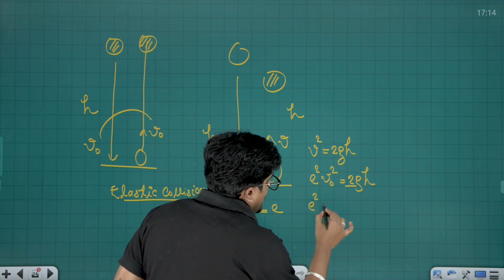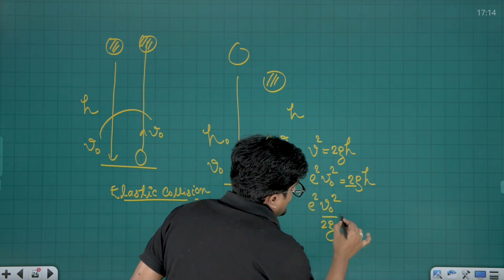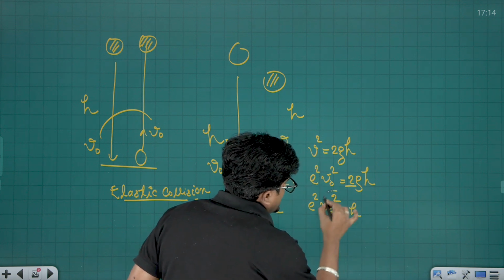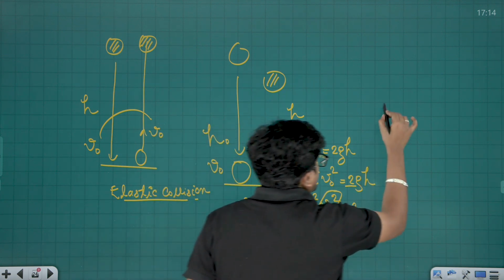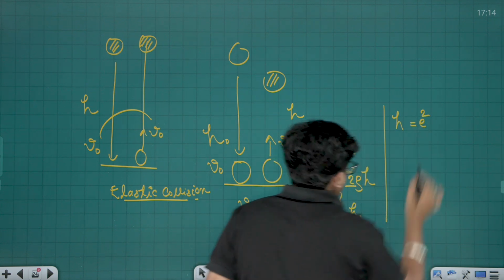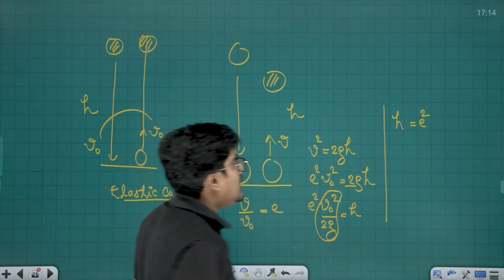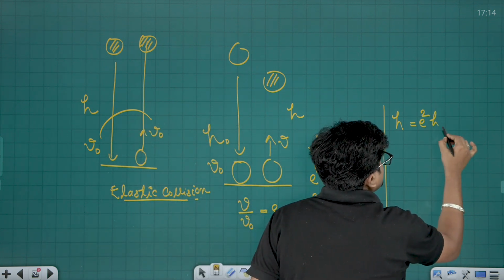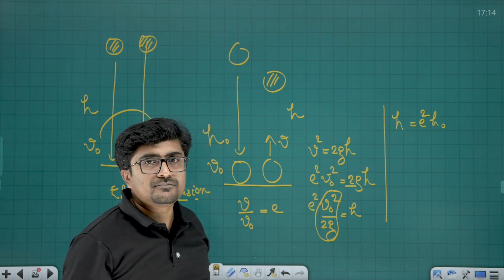So e square into v naught square divided by 2 times g is equal to H. And this is h naught. That means H is going to be e square into h naught. This is after one collision.